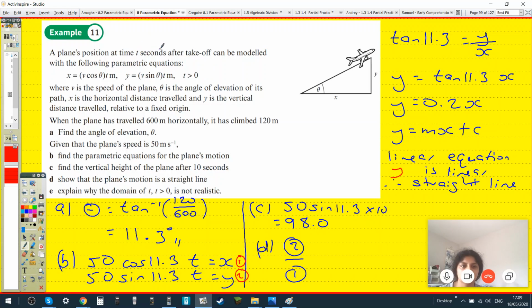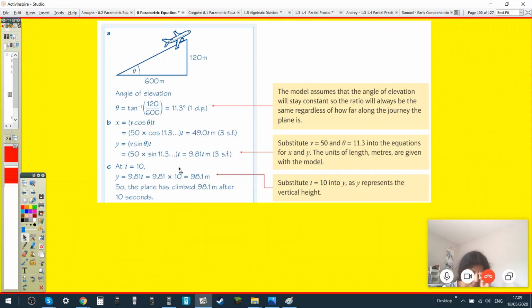But a plane cannot increase its height forever. So at some point this straight line will make sense, but eventually it'll reach the upper limits of the Earth's atmosphere. It's not a rocket ship.